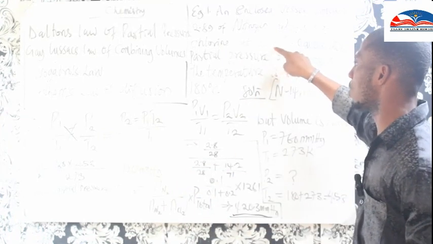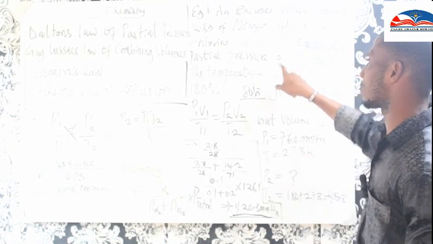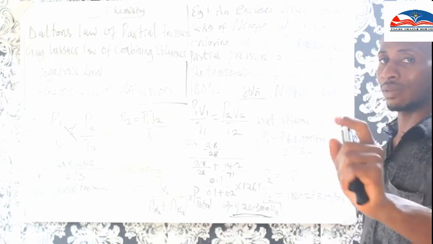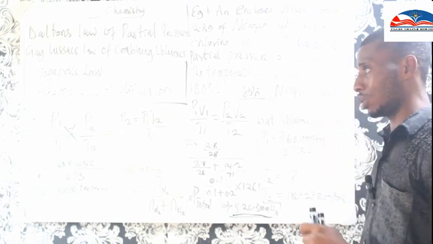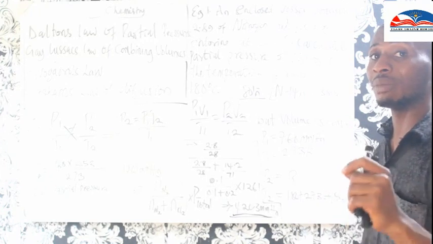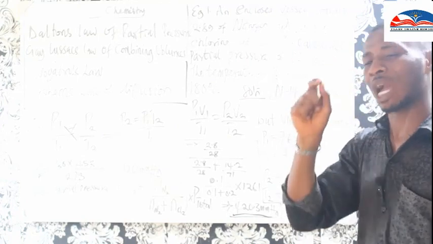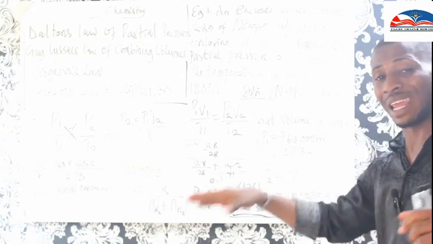Remember I told you, don't fall victim to not knowing your standard temperature and pressure. Temperature is 273 Kelvin, which is 0 degrees Celsius, while your pressure is 760 millimeters of mercury. Now calculate the partial pressure of nitrogen. That is what we will do finally.